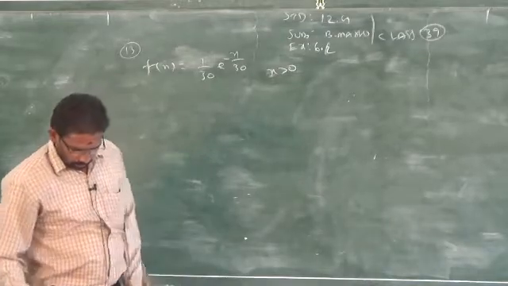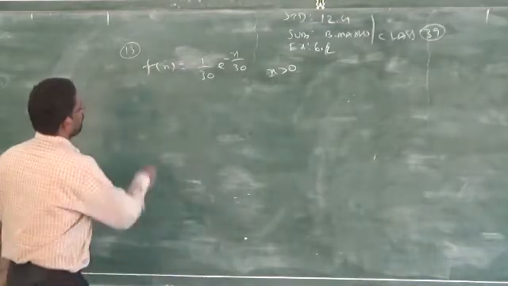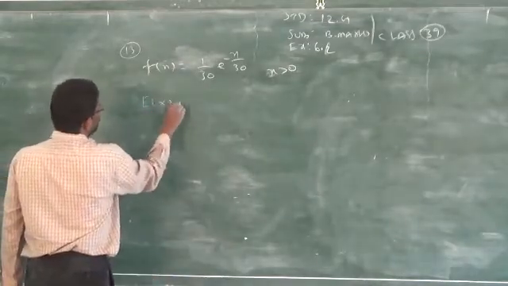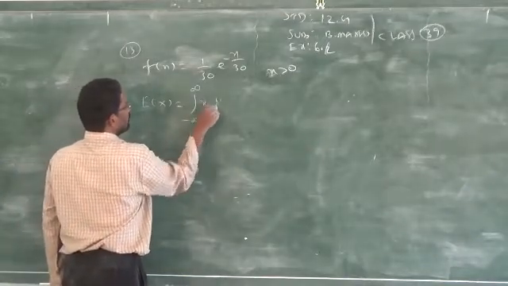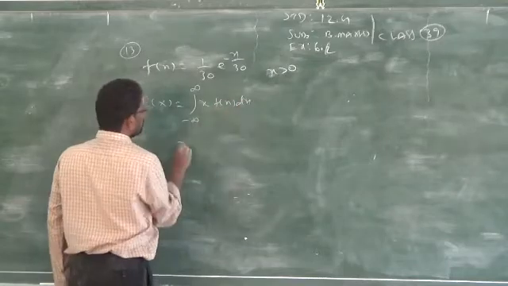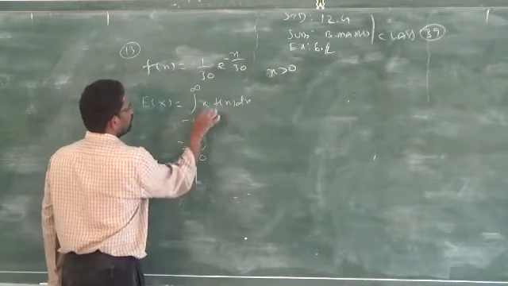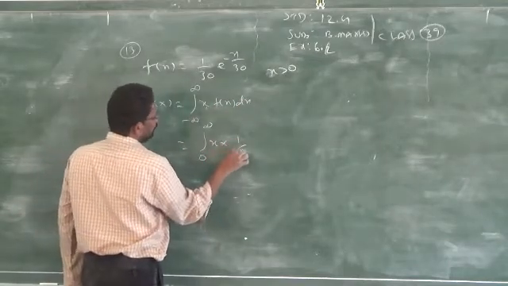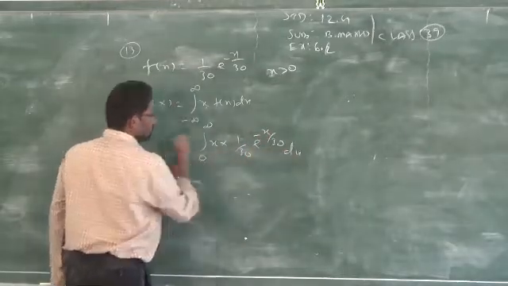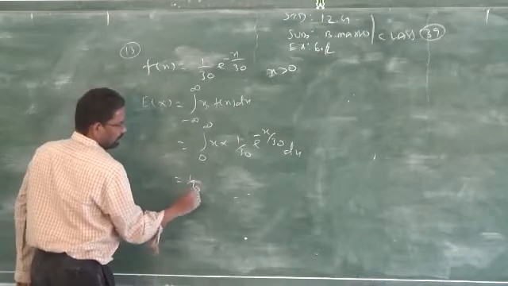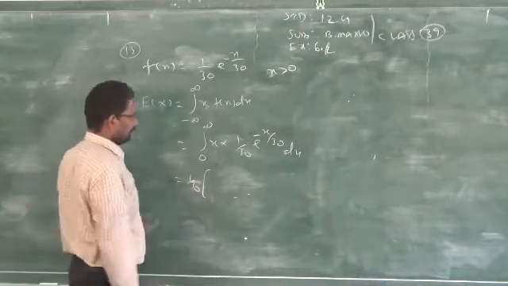Find E of x, the expected value. What is the formula? This is the PDF: integral from minus infinity to plus infinity, x into f of x into dx. The limit is 0 to infinity, x into 1 by 30 e power minus x by 30 into dx. So, 1 by 30 is constant. Now you can integrate.